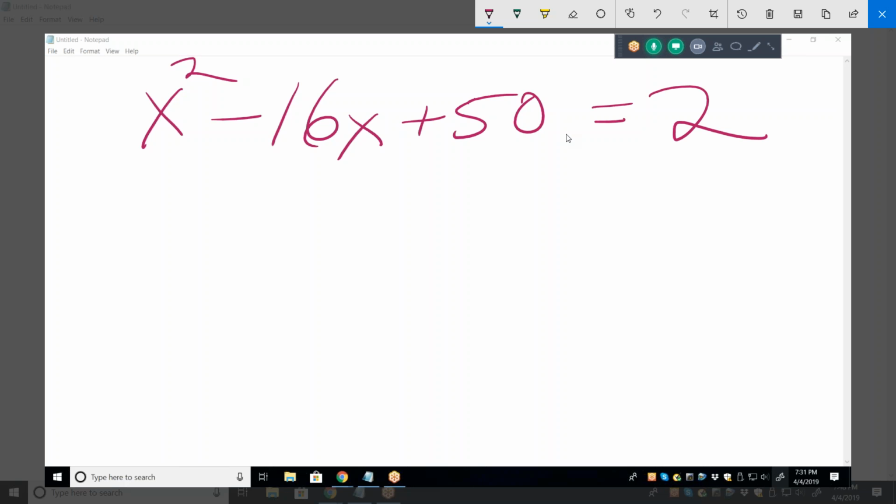Yes. Because if they're not, there is usually an easier way to solve this. But if the instructions are to complete the square, then I want to get those two terms on one side.